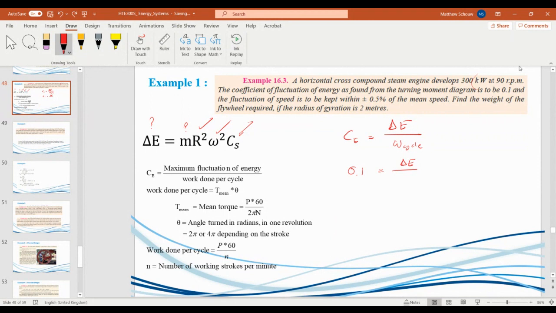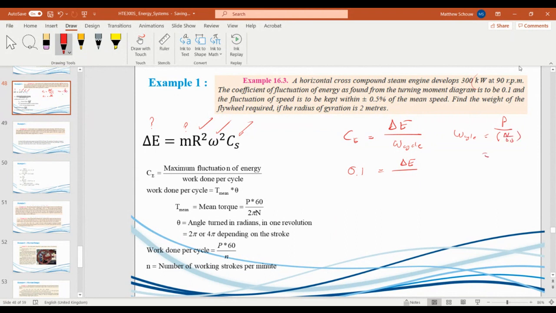This is very important also in compressors, you'll see. So your work done per cycle is basically your power times 60 divided by N, basically making this into RPM. Or alternatively, think about it as power divided by N over 60.